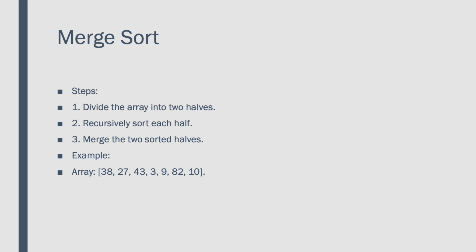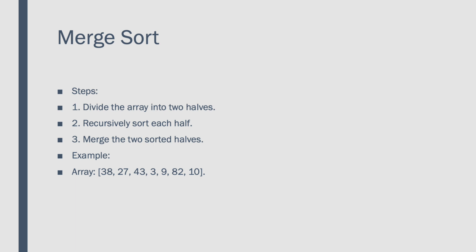So we now have two halves. Now we further divide until we get single elements. We can have single arrays, like 38 could be one array, 27 is another individual one. So we break it down into individual arrays for each value.